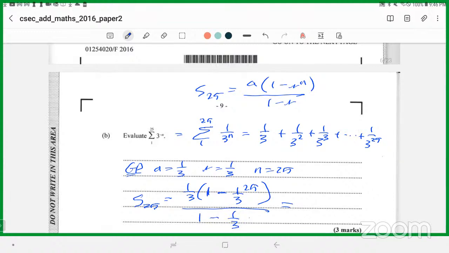Drop this in the calculator and see what you get. Kai, come drop this in the calculator. There's a third right here, bracket, 1 minus a third to the 25th power, divided by 1 minus a third. Work it out for me.